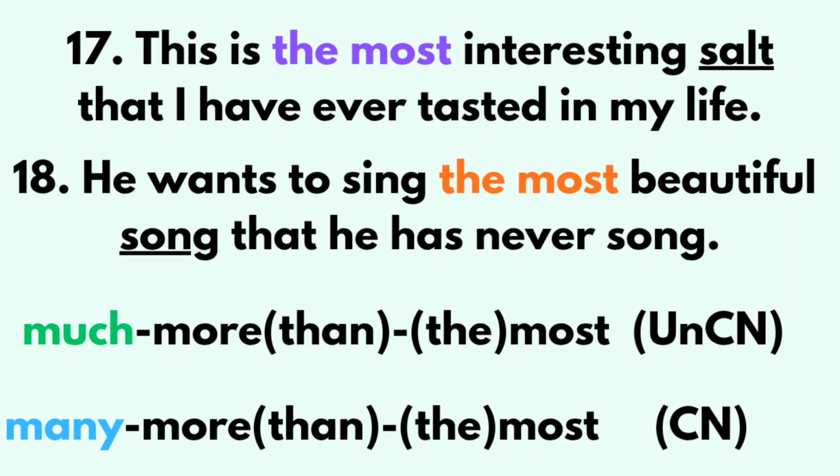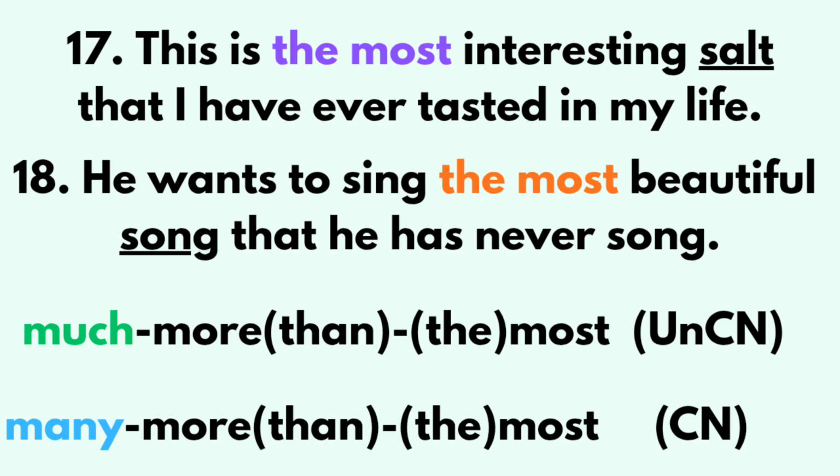You practice examples, okay? So how do you use quantifiers correctly with countable and uncountable nouns? Suppose you take any quantifier and place it before any noun, and read it twice or thrice. If the sentence makes sense, then ask the questions how much or how many so that you will be able to identify.